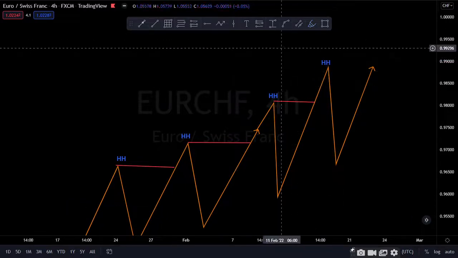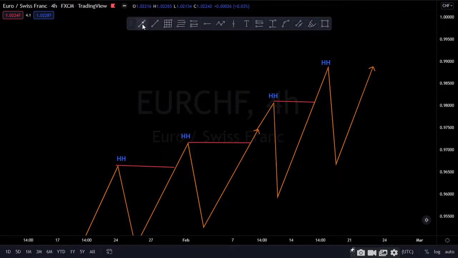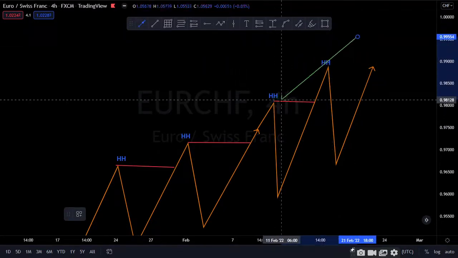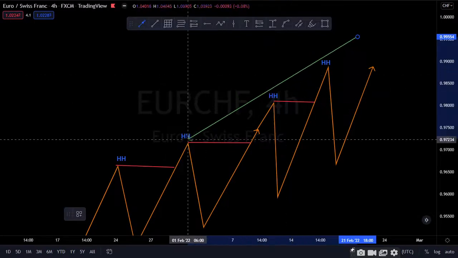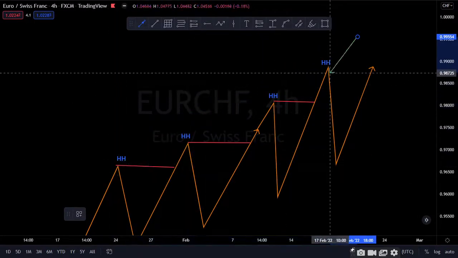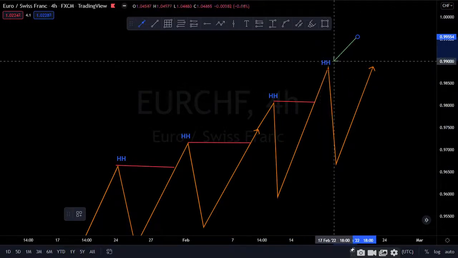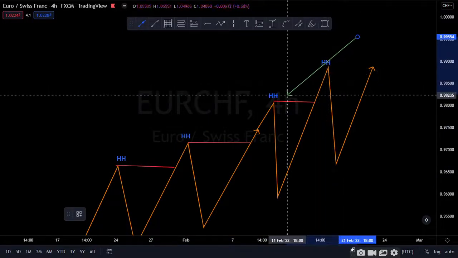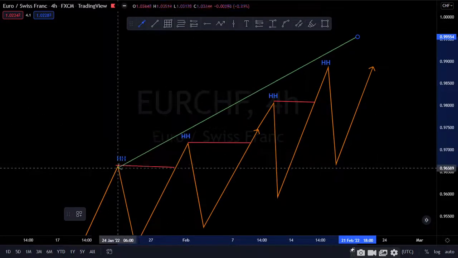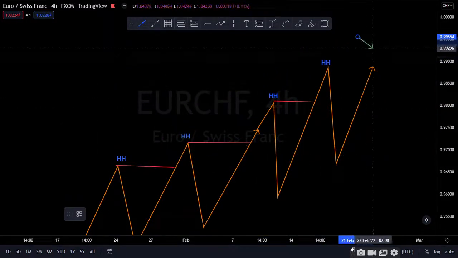Because this high is higher than this high, and this high is higher than this high, and this high is higher than this high. That is why we call them higher highs.